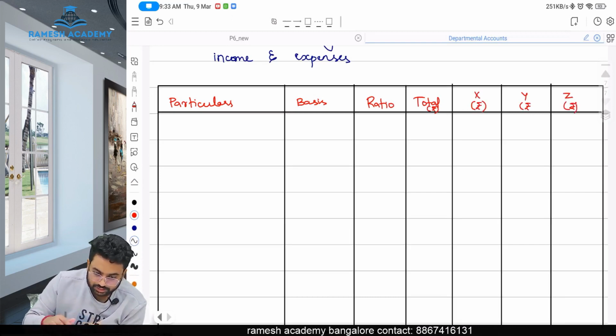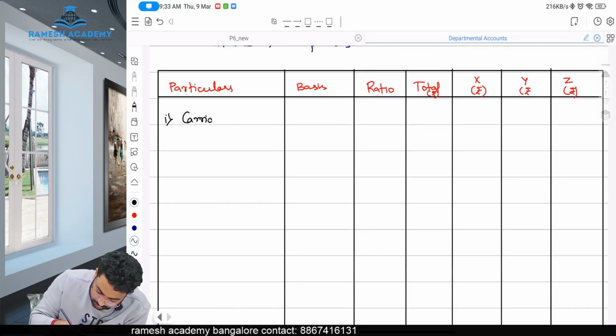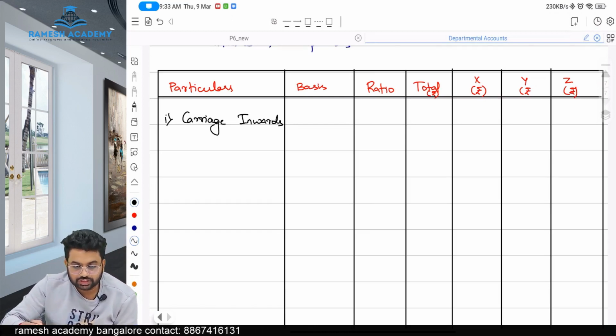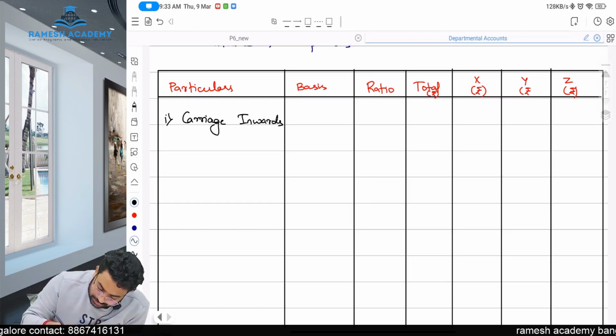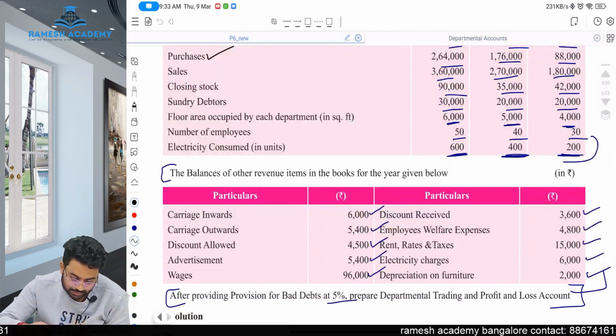Under that, the first one is carriage inward. Carriage inward is basically incurred on the purchased goods, so the basis will be the value of purchases. How much was the purchase of each department?